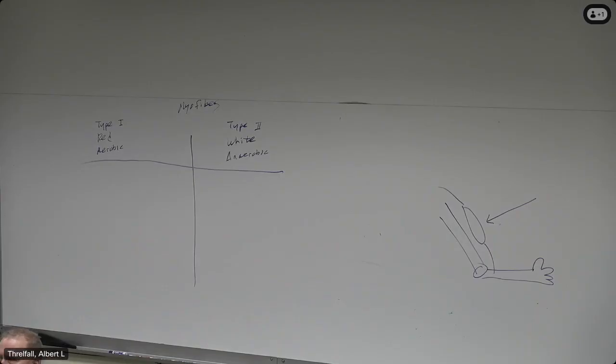Again, you can flip back in your notes to see all of this. We divided the muscle into many muscle fibers or muscle cells. We divided the nerve into many nerve cells or neurons. I said a single neuron innervates a small group of muscle fibers, and that's called a motor unit. As I need more strength, more force, more speed, I recruit more motor units.